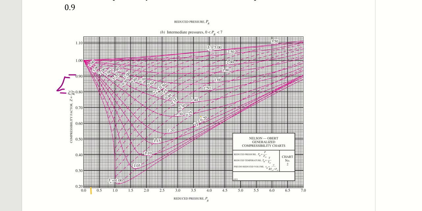And our reduced volume is, let's see what we have. A reduced volume, you have 0.02. Okay, so now we're going to move up until we hit the graph, and let's see.